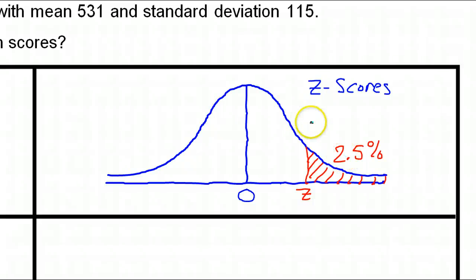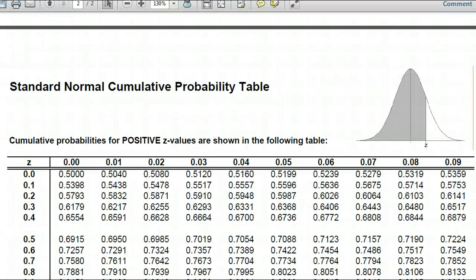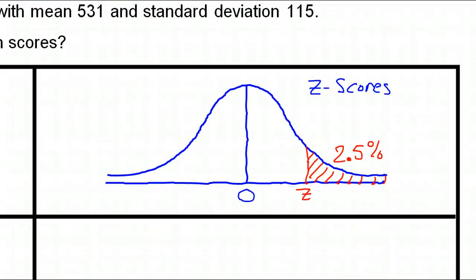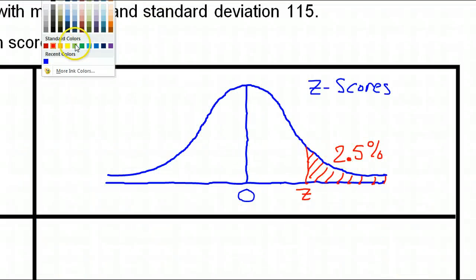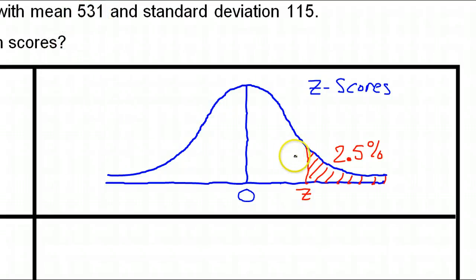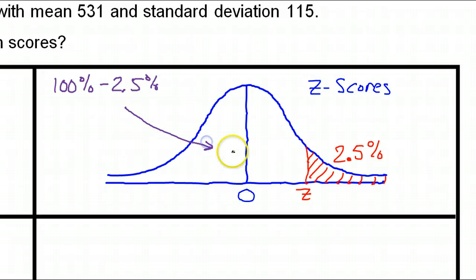So what you need to do is ignore this 2.5% and look at the left part of the picture, the part that's all in white, because everything to the left of the z-score, that's the percentage that I need to find my z-score. It's not difficult to figure out, right? You know the entire distribution is 100%. So doesn't it make sense that if I do 100% minus 2.5%, that's going to give me the left part of the distribution?